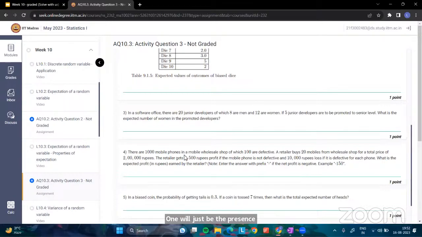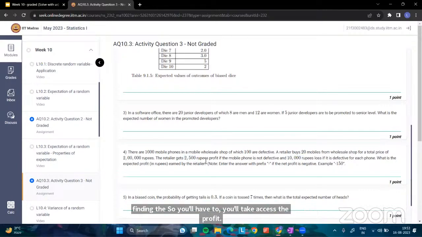But in this case, you can't take 0 and 1 because you're not finding the number of defectives. You're finding the profit itself. So you'll take X as the profit or the loss, as 2000 minus 10,000.